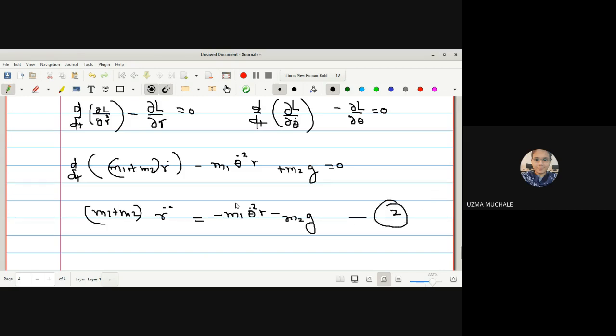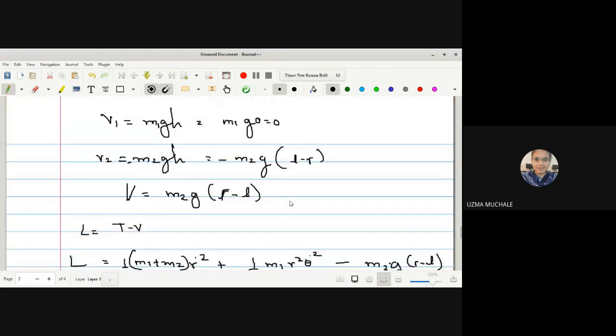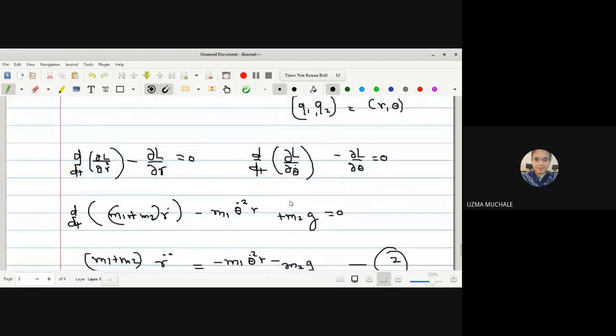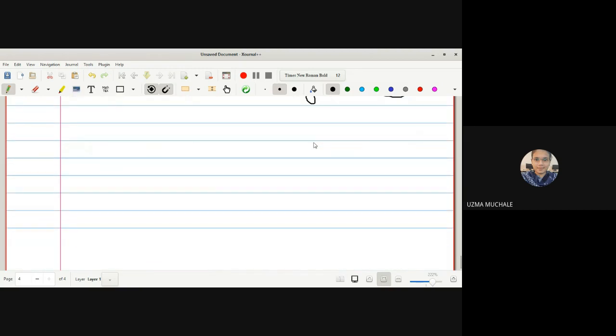Now we have to go for our second equation. The second equation we got, as we have two Lagrange's equations of motion, we have solved this one, and now we have to solve this one. You have to find the derivative with respect to theta dot and with respect to theta.